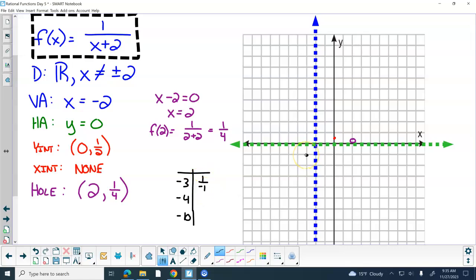That is -1. -4, I go 1 over -2. That would be -1/2. -10 would be 1 over -8, -1/8. So my function on this side goes through down here.